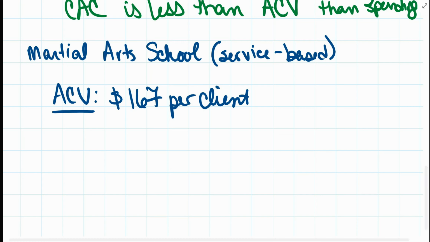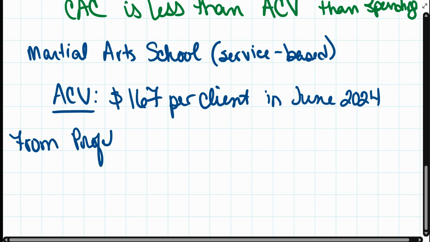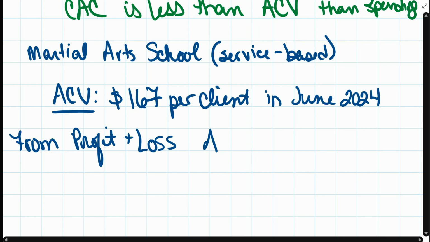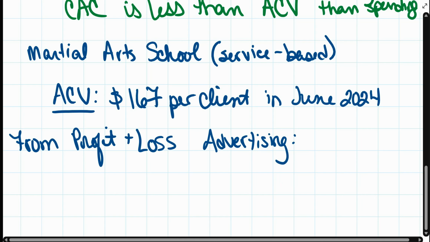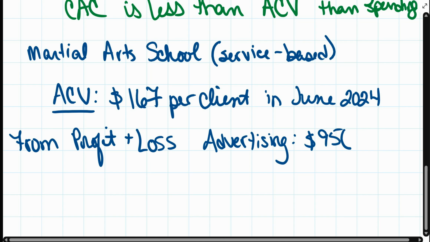So let's take a look then. When I took a look at their P&L, and again, we'll say that this was in June of 24, I saw that in their advertising column, they had about $950 spent for their advertising.